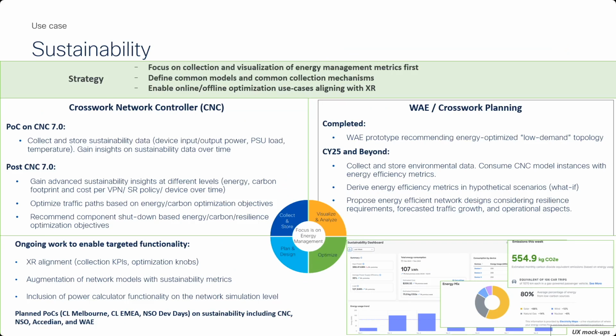But in order to optimize a network, you definitely need to collect data points. The data points that we are collecting are based on key performance indicators that we are taking from the network itself. In this case, our performance data related to the power consumption, to the impact that each single device that we are using in the network is producing.